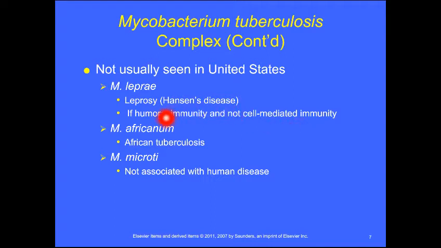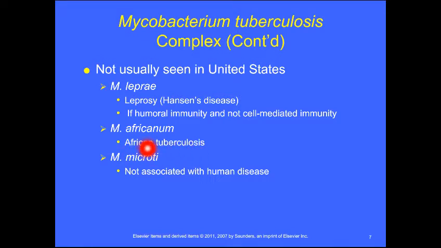Not usually seen in the United States, M. leprae, which is the causative agent of leprosy, also known as Hansen's disease. Again, M. leprae, causative agent of leprosy, Hansen's disease. M. africanum, you cannot see it in the United States, so this can cause African tuberculosis.